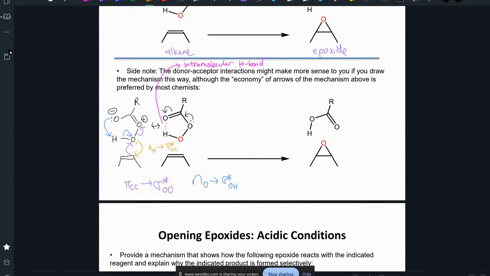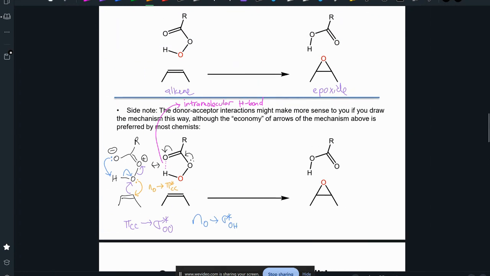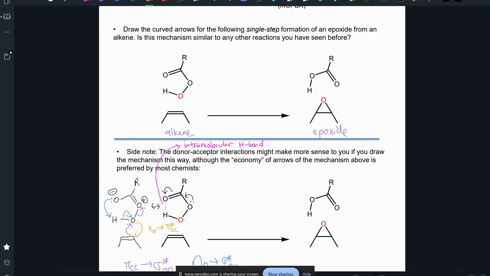I will say that if you ask anyone else, they would give you a mechanism that has a greater, what I would call, economy of arrows. And that greater economy of arrows looks like this. It would have the pi bond attack the oxygen. They would have this bond flip over here. They would have this double bond flip down here to grab the hydrogen. And then they would have the OH bond go and do the attack.